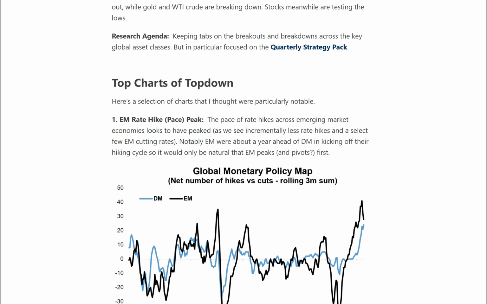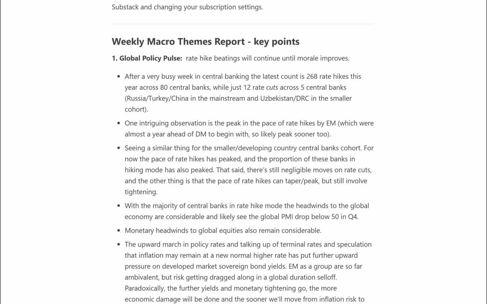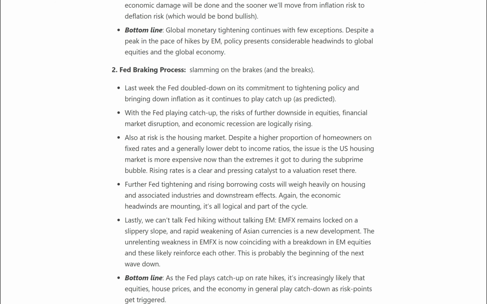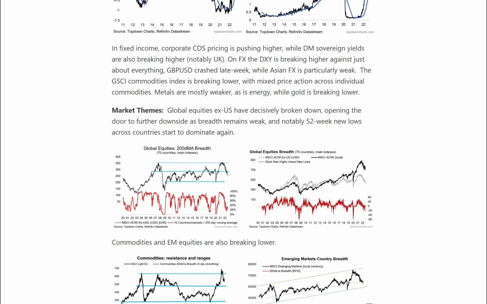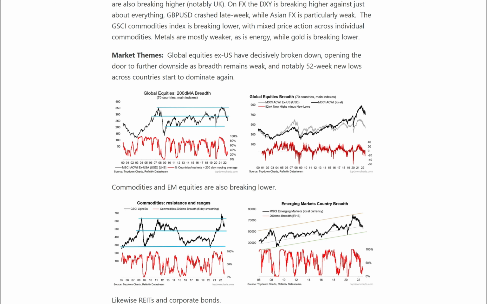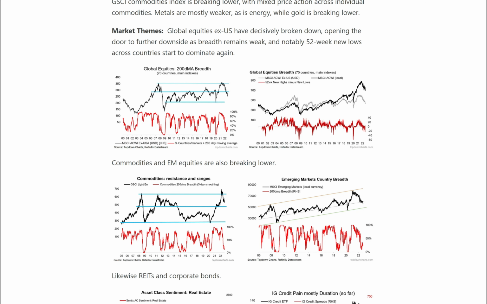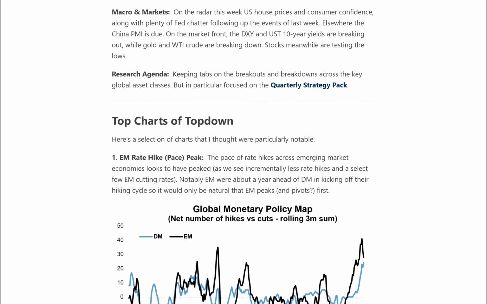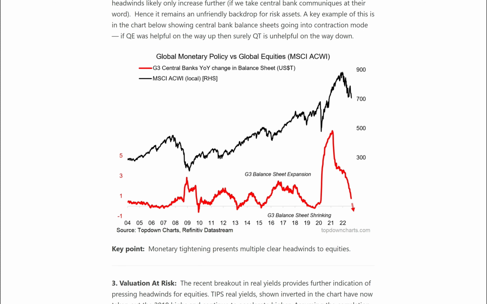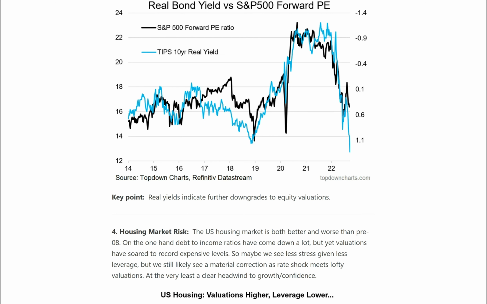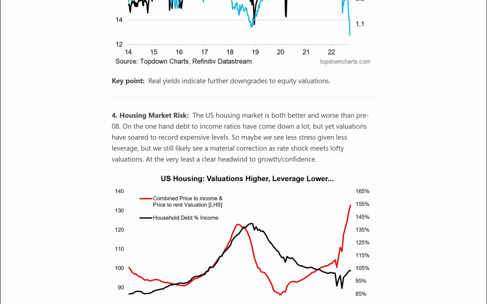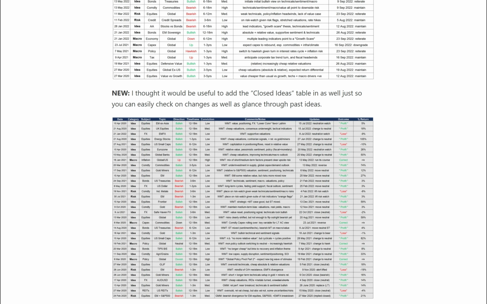And then your weekly there is, you've got some notable ideas, whether they're macro input, whether they're investment ideas, whether they're risk inputs, your quick rundown on what's happening right now in the markets, some market themes to help flag down ideas or risks, a bit of a heads up on what's on the radar, and some very interesting charts and commentary to equip you to try and help you get onto opportunities, to avoid risks, to save you time, and to give you the context that you need to ideally make good investment decisions.